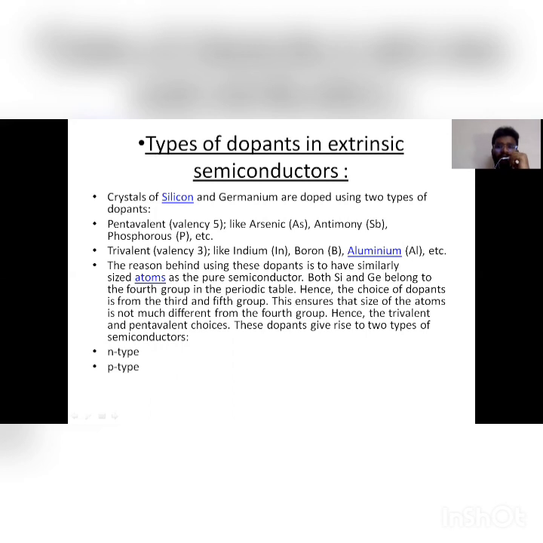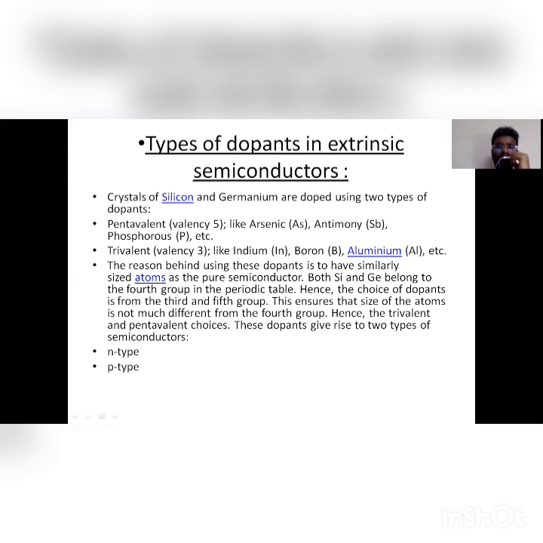Types of dopants in extrinsic semiconductors. Crystals of silicon and germanium are doped using two types of dopants: pentavalent, like arsenic, antimony, phosphorus, etc., and trivalent, valency 3, like indium, boron, aluminum, etc. The reason behind using these dopants is to have atoms of similar size to the pure semiconductors.